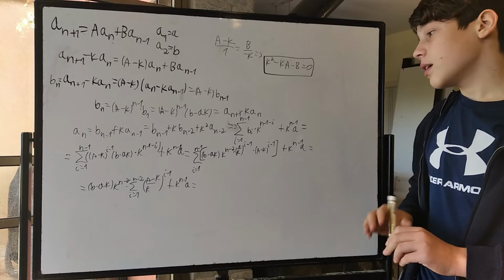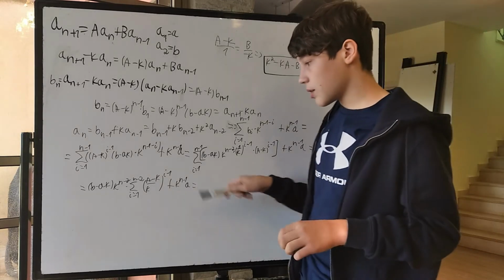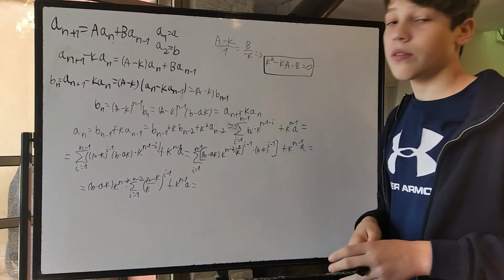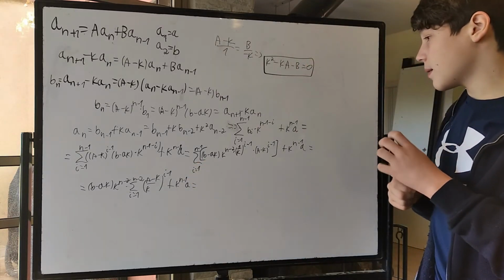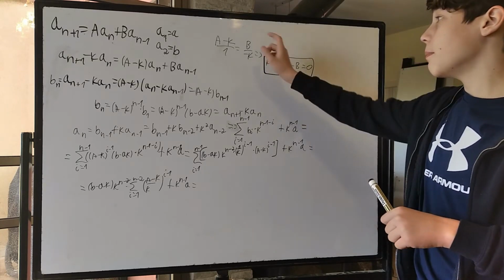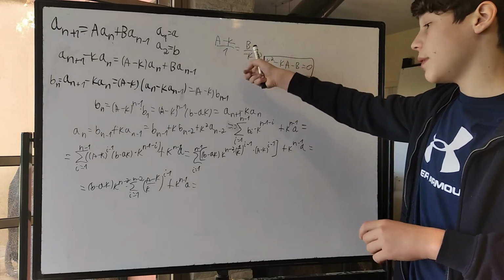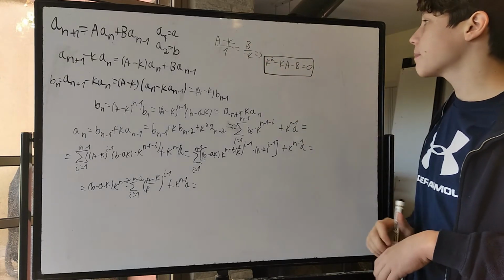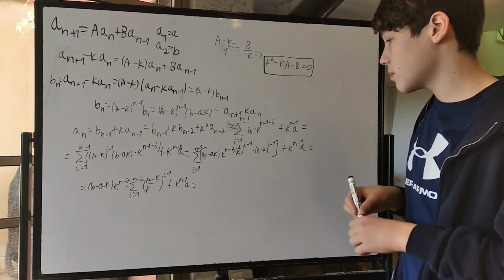Okay, now, before I go any further and actually use the formula for the sum of a geometric series, I'll replace a minus k with negative b over k, because it's true from the property that we want k to hold.